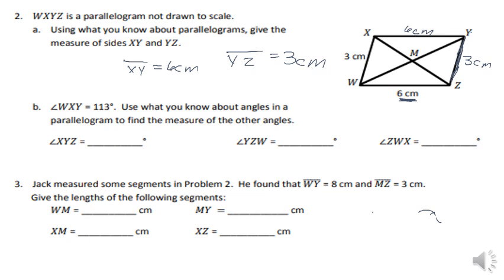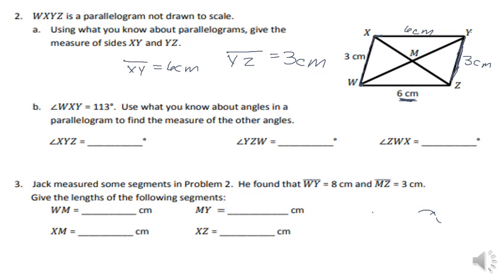So when they're saying angle W, which is right here, X, which is up to here, and Z, XYZ, oh, excuse me, I'm sorry.